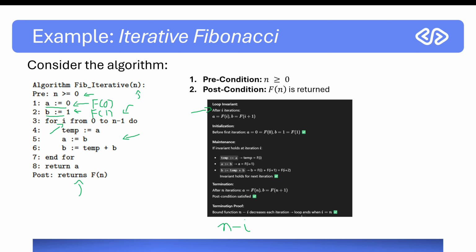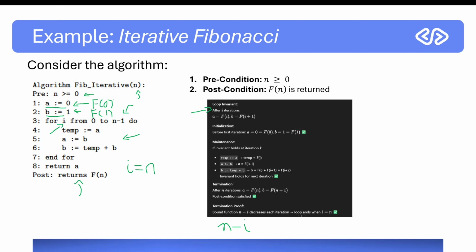We can see when n equals I, this will terminate. So this is a very simple example, and this one just comes from the definition of the Fibonacci sequence. That's how we get this done.